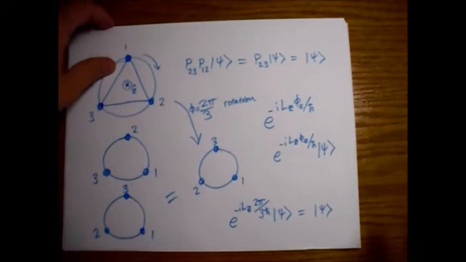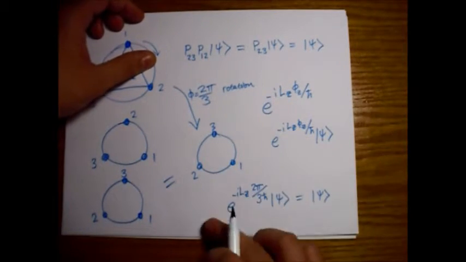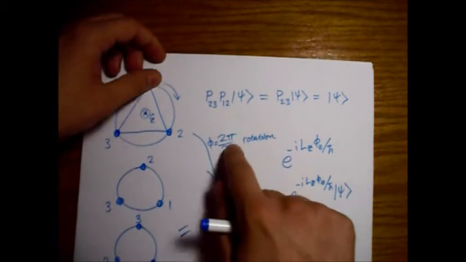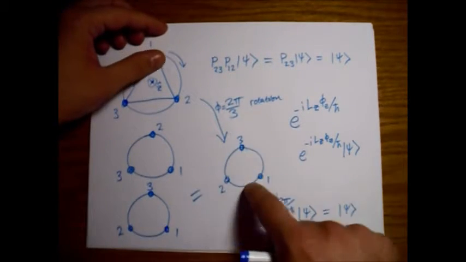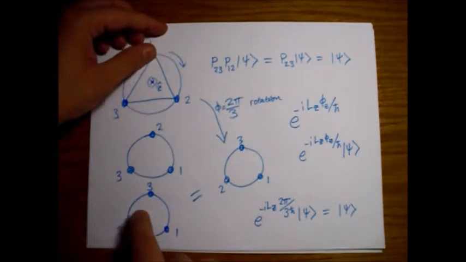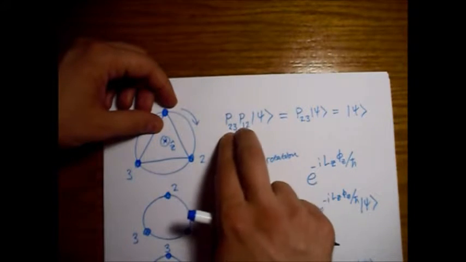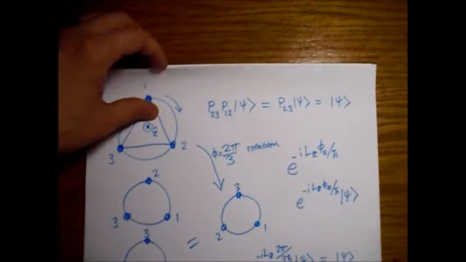All right, so that's all this was designed to show us, that this rotation operator with this angle plugged in, we get this case. The rotation is equivalent to using these two permutation operators, and we get the same eigenvalue.